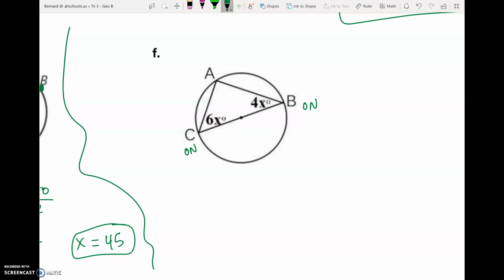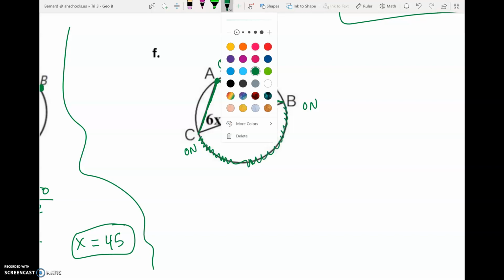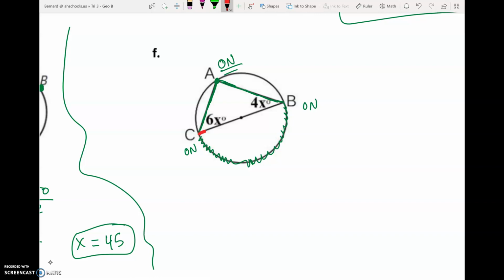What I want you to see here is A is also an angle on the edge of the circle. A opens up to where C and B are on the edge, so the arc that angle A creates is this big one between C and B. Something you have to recognize, just like the last problem, is that if we connect C and B directly, it goes through the center. So C and B, once again, is a diameter, and diameters cut our circle in half.